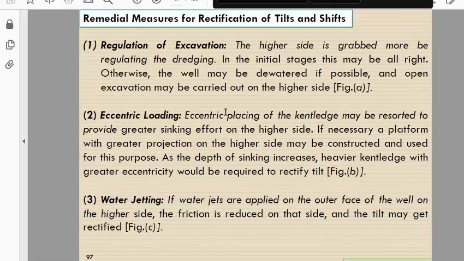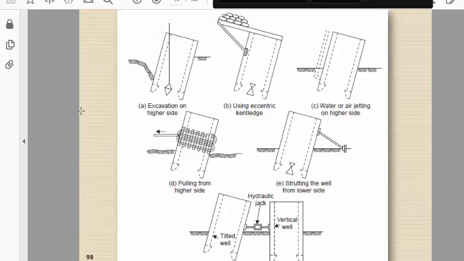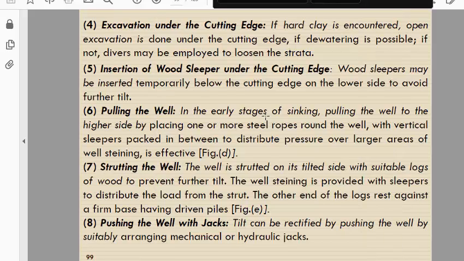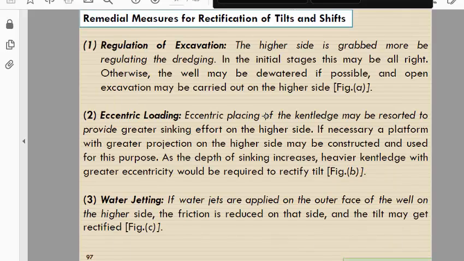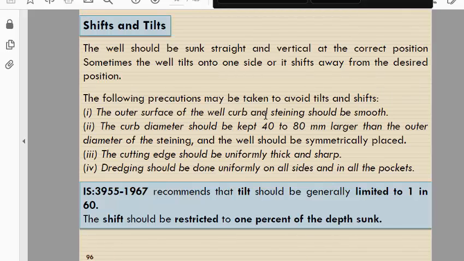So these are the types of sinking we will discuss one by one. One thing is to avoid shifts and tilts.